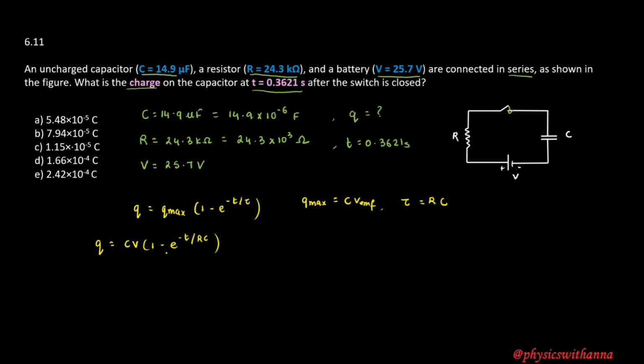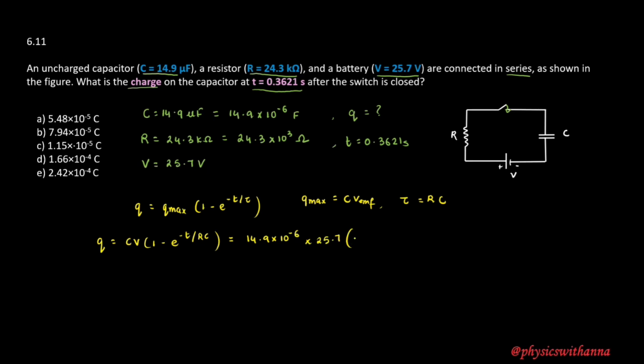Now let's substitute the values here to find Q. C is 14.9 times 10 to the power negative 6, V is 25.7, 1 minus e to the power negative t, which is 0.3621, over R into C. So R is 24.3 times 10 to the power 3 into C, which is 14.9 times 10 to the power negative 6.